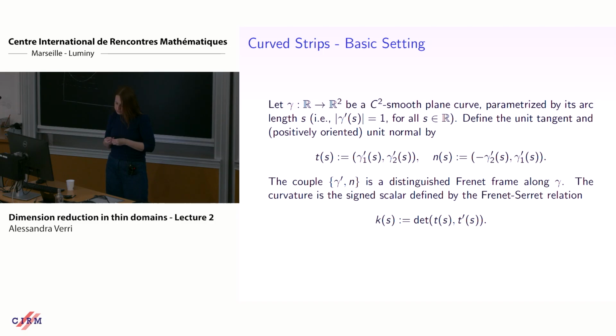For this curve, we assume that it possesses a Frenet frame, so at each point, it has the tangent and the normal vector. Here, a notation that we are going to use a lot today: we denote by K the curvature of this curve.